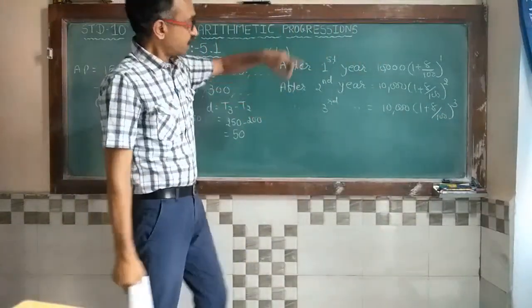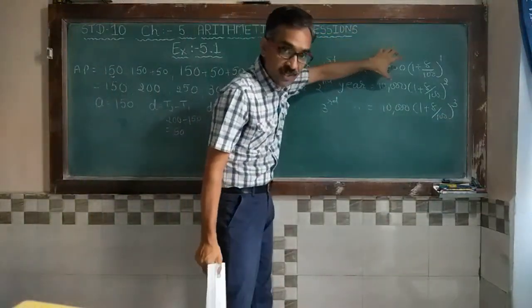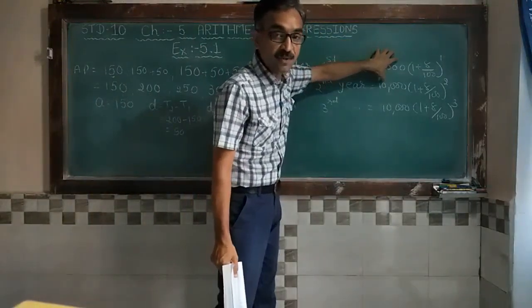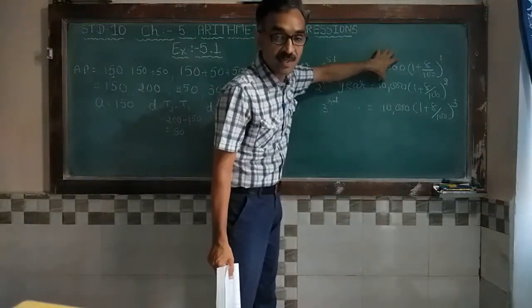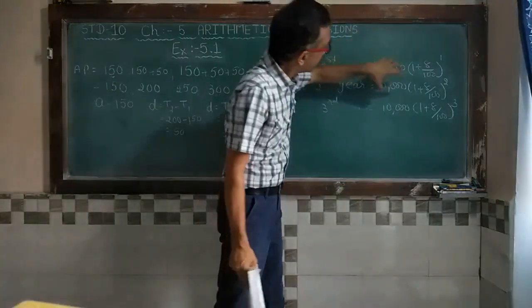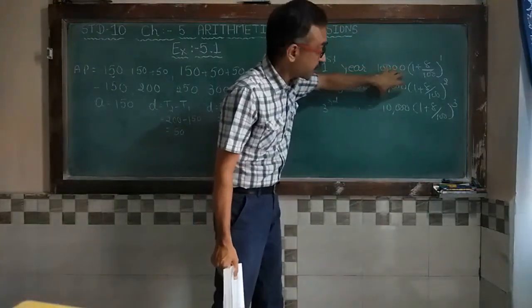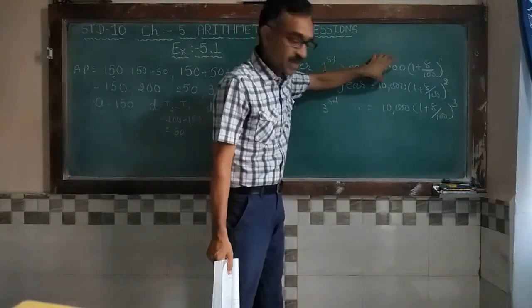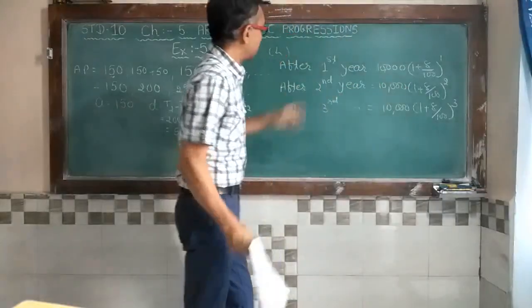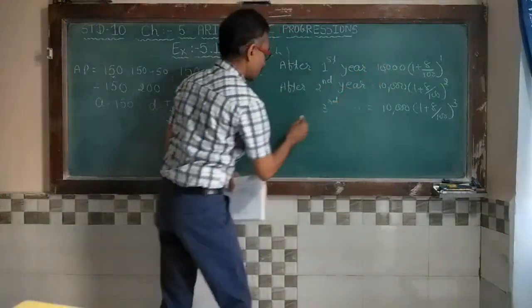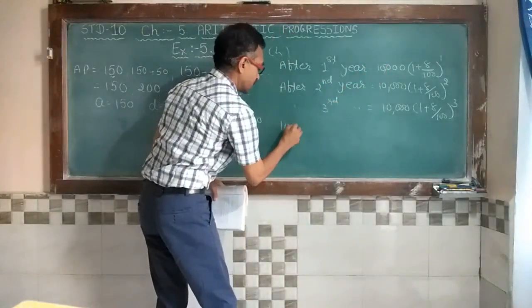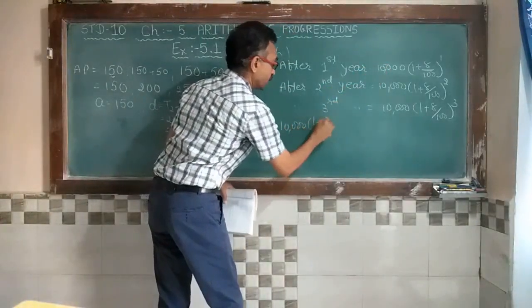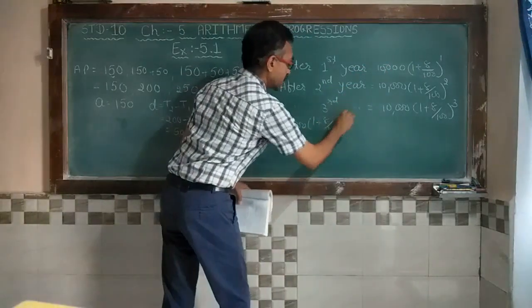Now see here, if you are calculating this one, the value is 10,800. If you are calculating for this one, it is not the same as it is for the first year. That means always here your first term is 10,000 into 1 plus 8 upon 100 raised to 1.